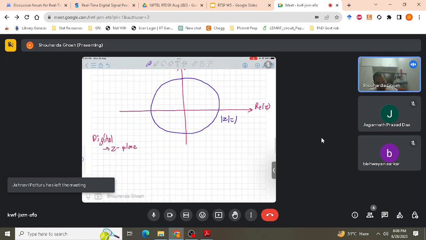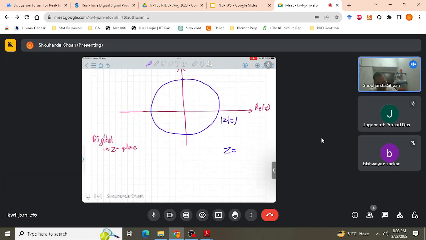Now on this Z, we write something as r e to the power j omega. So r being the radius of any point Z, and this is the angle omega, the frequency. So it represents a kind of complex sinusoid with an amplitude scaling factor of r and the frequency component omega.